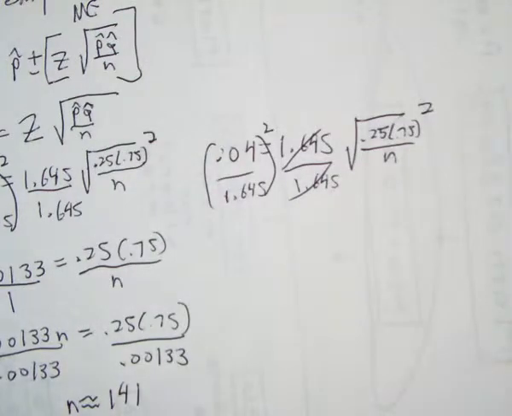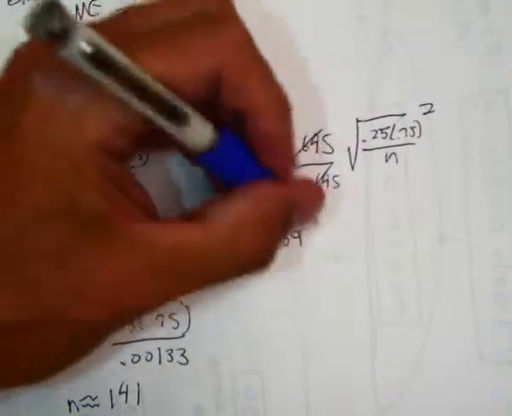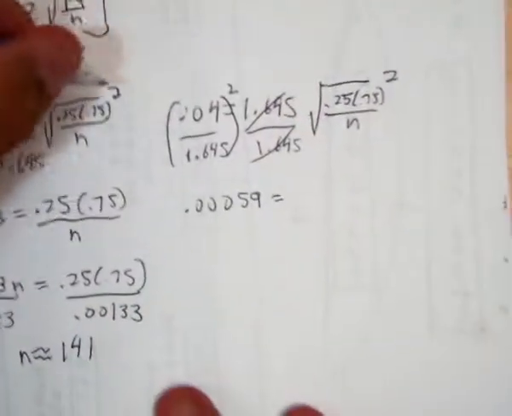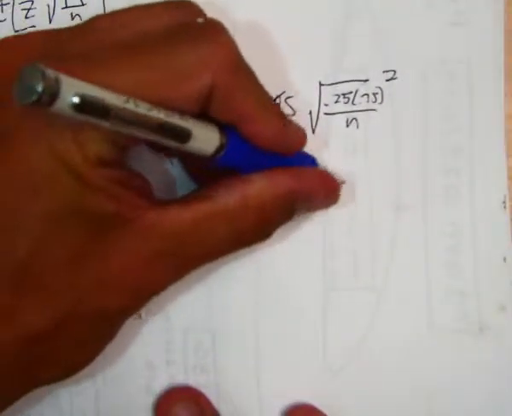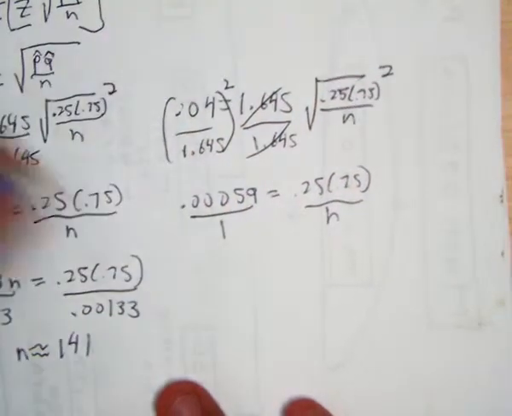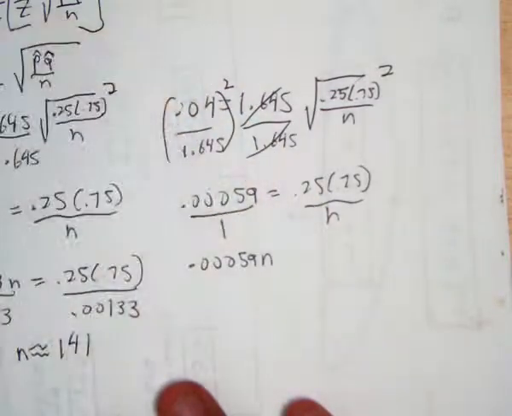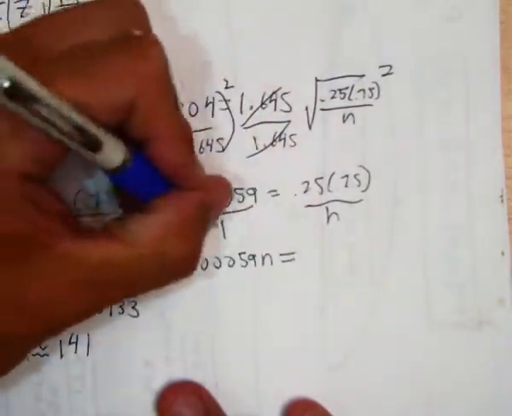Okay, so I got 0.00059 equals 0.25 times 0.75 over n. Again, I put that over 1 and now have a proportion. Cross multiply, n times 0.00059 equals 1 times this.